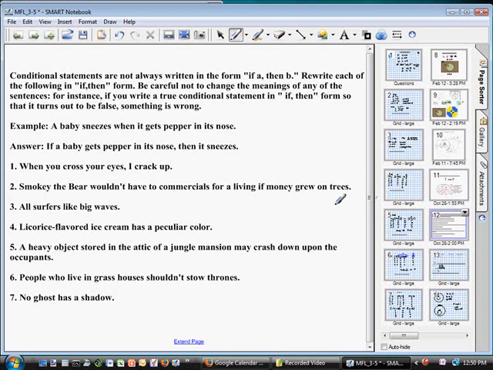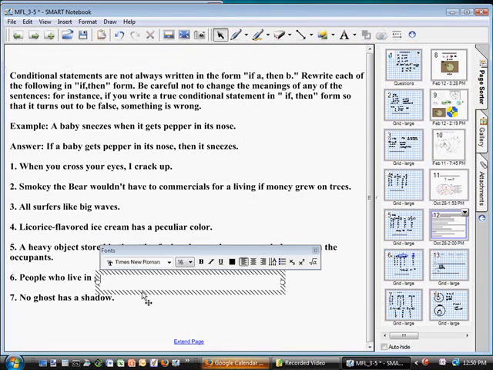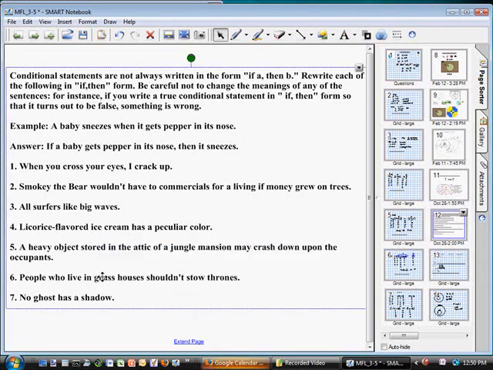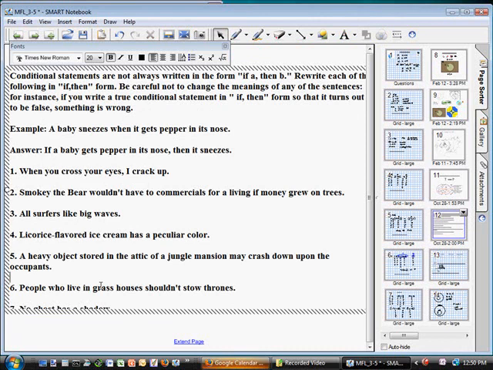People who live in grass houses shouldn't throw stones. I think that's supposed to be glass houses. Gosh, we got some... Let's get that changed. Grass houses. Let's try glass. And what was the one up here?